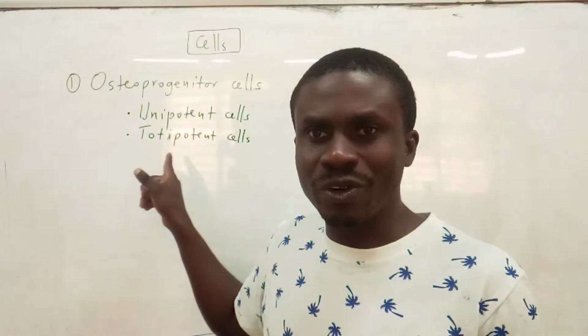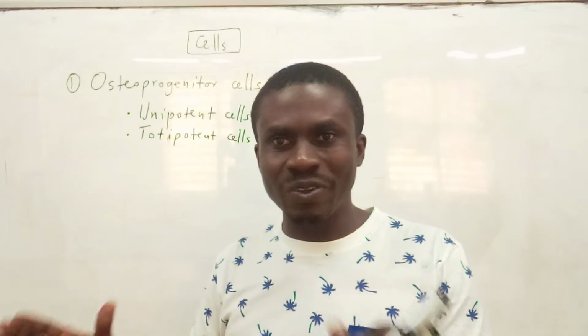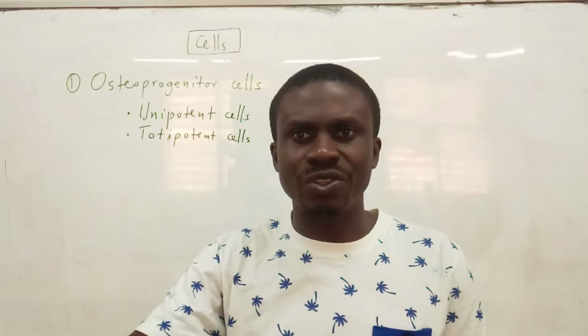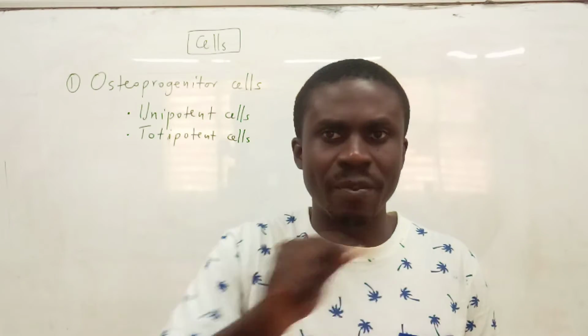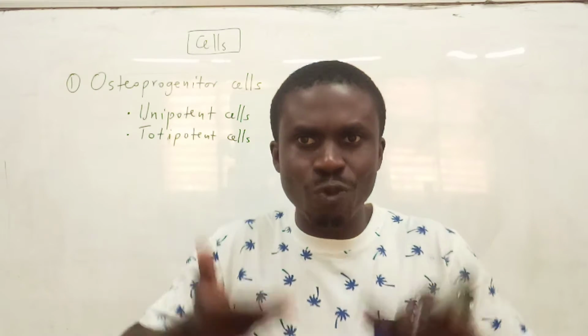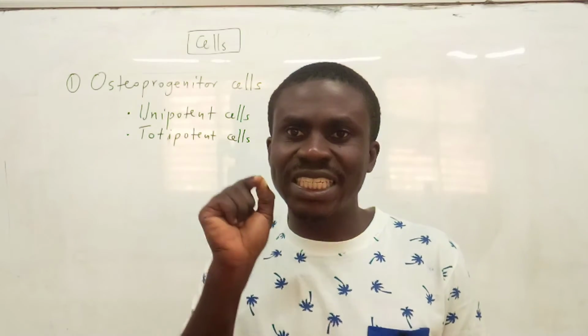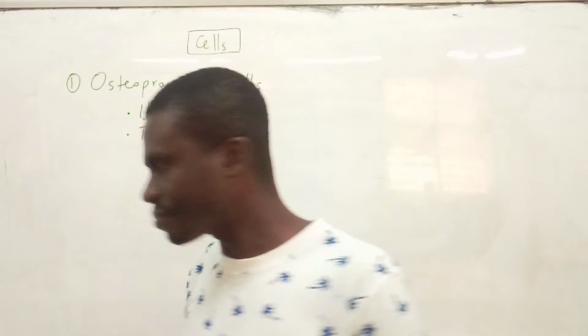Now, that zygote is capable of growing, becoming the embryo, several cells, becoming the fetus, coming out and surviving in the extra-uterine environment. It means that you're going to become a full-blown organism. Therefore, the zygote is a typical example of a totipotent cell. Yes.